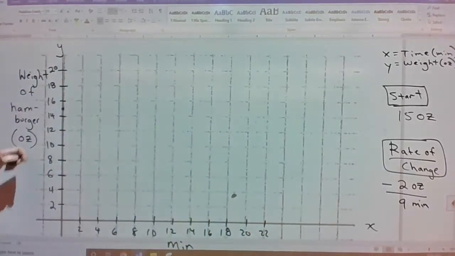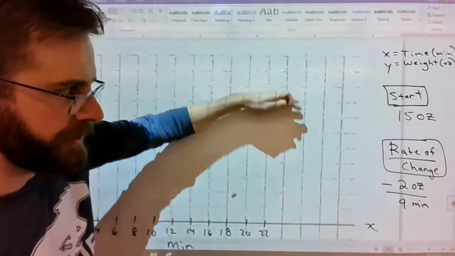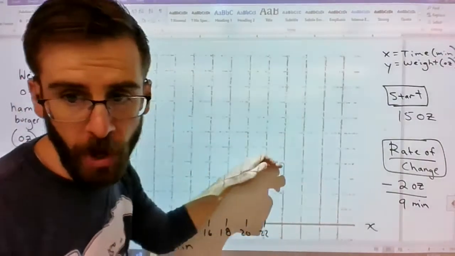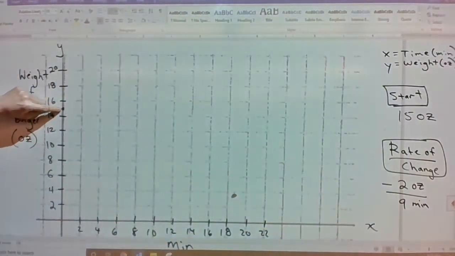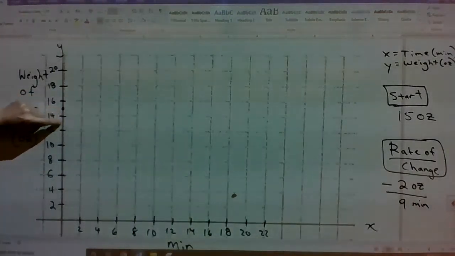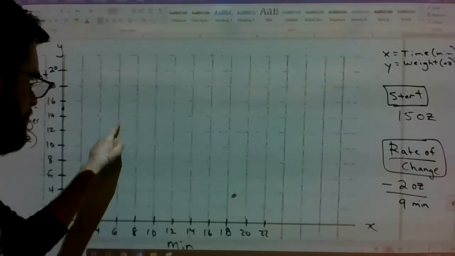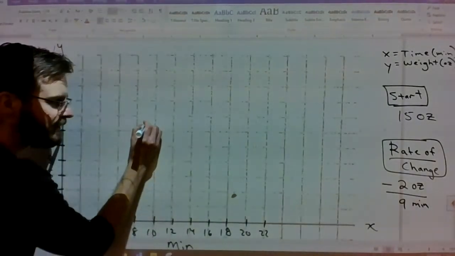Okay, so our rate of change tells us how far to rise over how far to run. So starting at 15, it's a negative 2 ounce rise. So negative 1, 2 would be the down. Then you're going to go right 2, 4, 6, 8, 9.